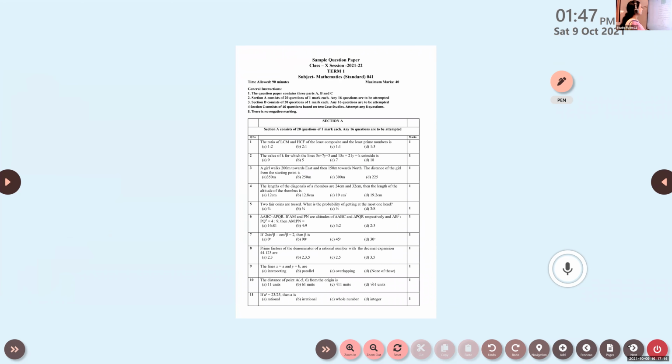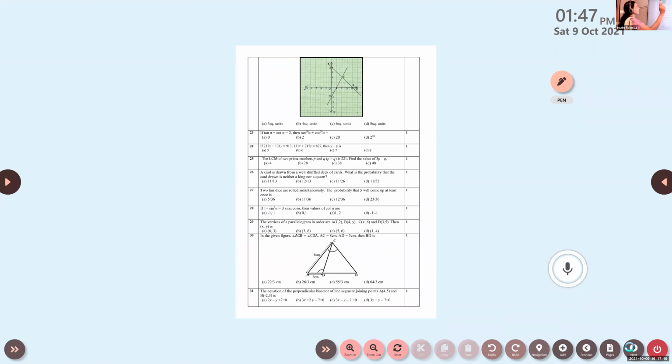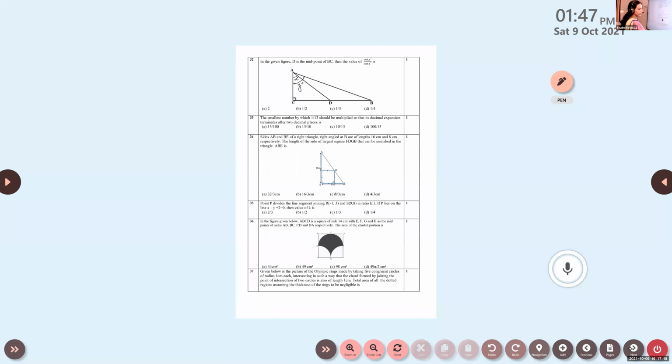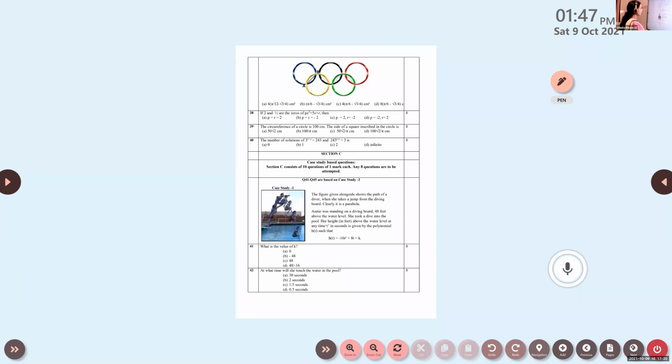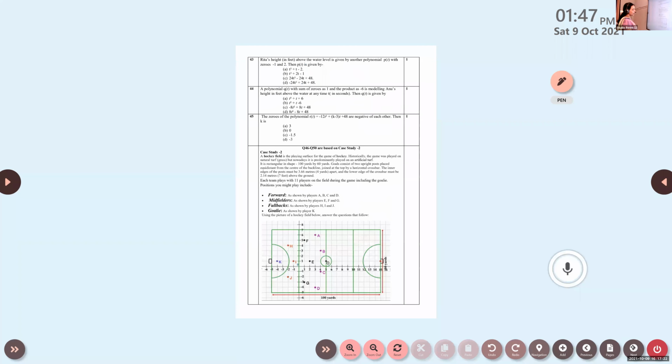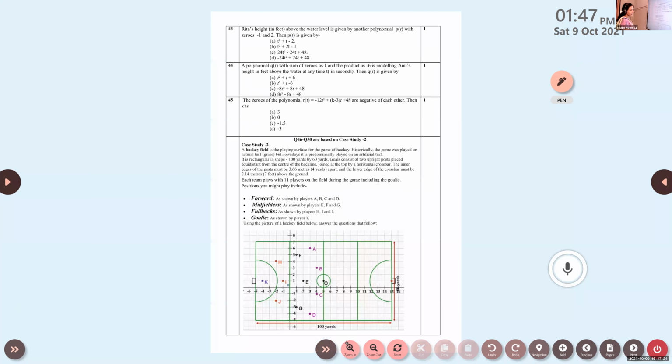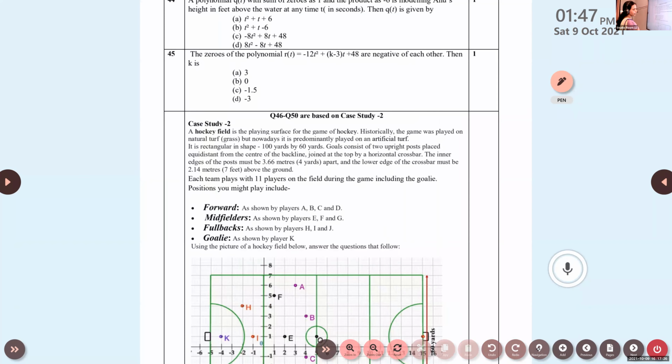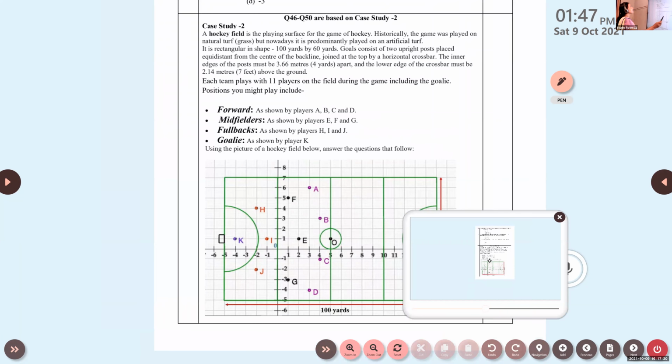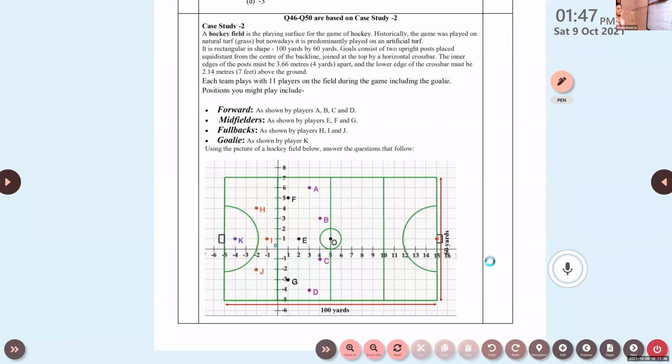So those who have the sample paper, take the sample paper. In the sample paper, I have one question from coordinate geometry. Go through it. This is a question given in the sample paper. Read the question.